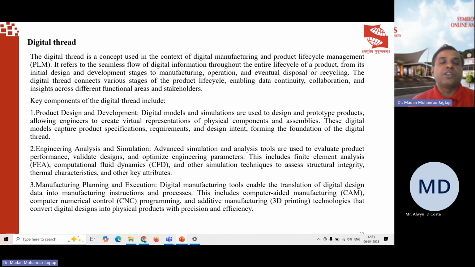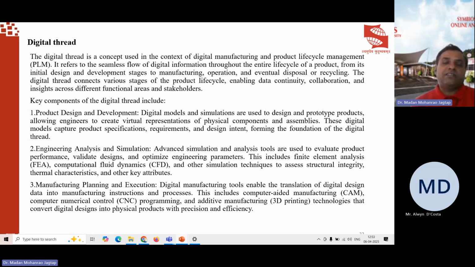So when we say there is engineering analysis and simulation, we take the design of a particular product and analyze it in a different environment, in computational fluid dynamics software or through FEA. We analyze various structural impact on that particular product. We analyze particular flow impact on it.